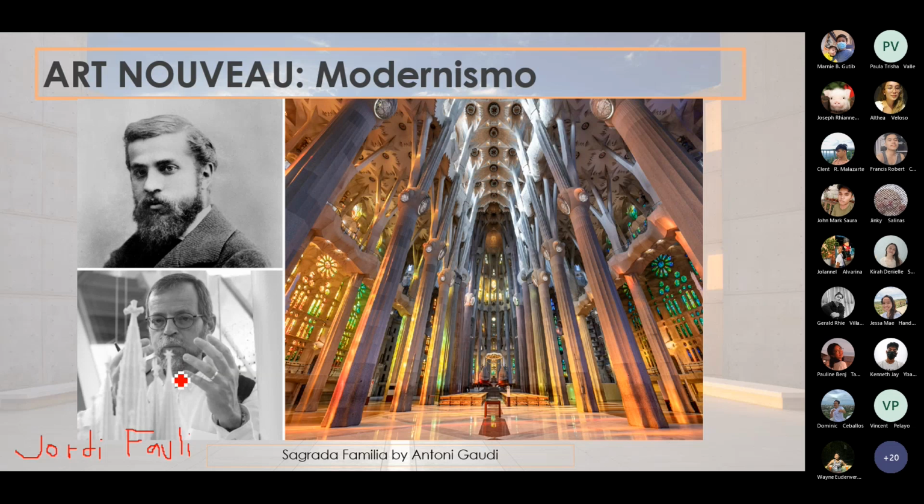Jordi Fauli started at the Sagrada Familia around the 1990s, studying all the works of Gaudi and all the remaining drawings of Gaudi. At first he was not yet the head architect, but starting 2012 he became the head architect of this structure.